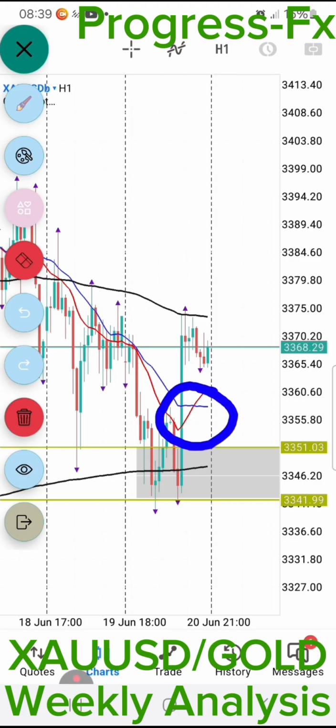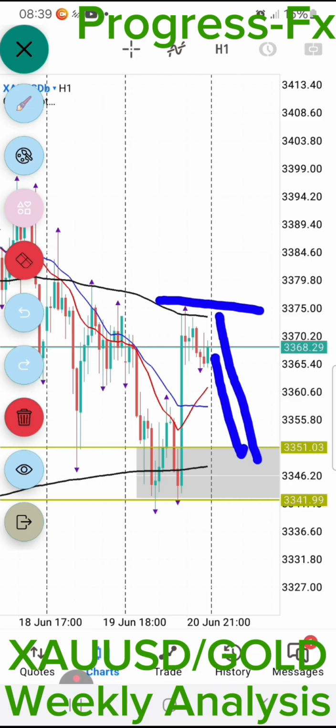So guys, I expect the market next week to retest this place. As you can see, the price is still below the 84 moving average, which means the possibility of the market retracing down is there before going up. And this is the area.